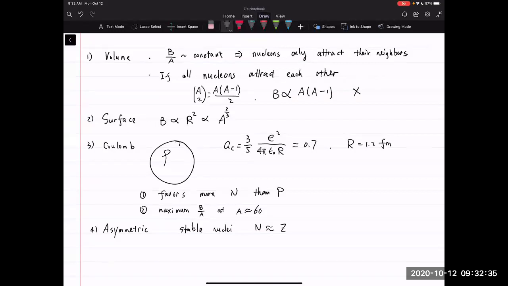So for the elements lighter than iron, we can still fuse them together to release energy, because the Coulomb interaction is still essentially negligible. So the balance between the Coulomb interaction and the nuclear force is really at the iron location.